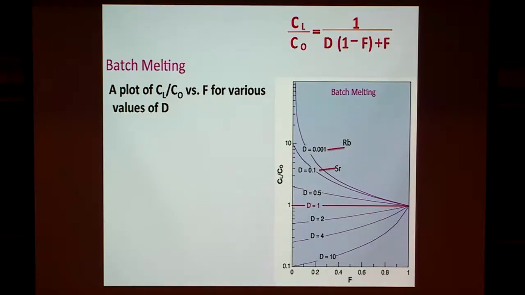When you're talking about rubidium, strontium, samarium, neodymium, lutetium, hafnium, you're dealing with two incompatible elements, parent and daughter. Uranium, lead: uranium is incompatible. Thorium is incompatible. Lead depends on a lot of things, whether or not it's compatible or incompatible.